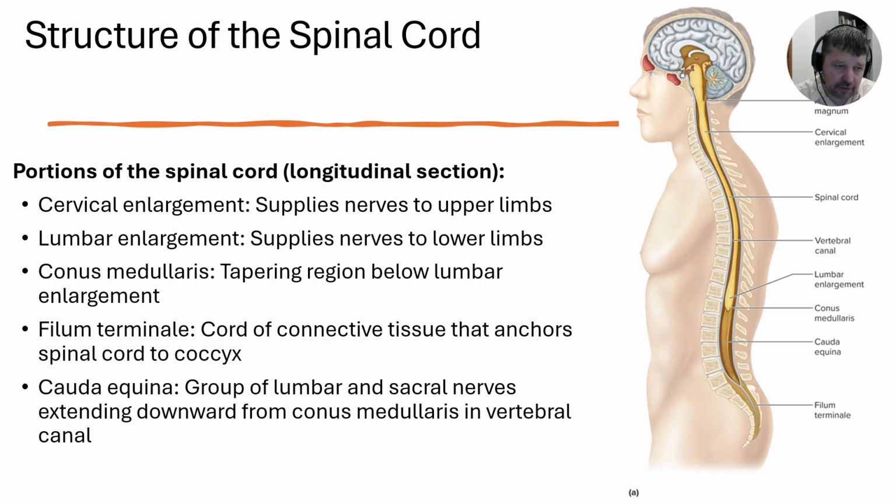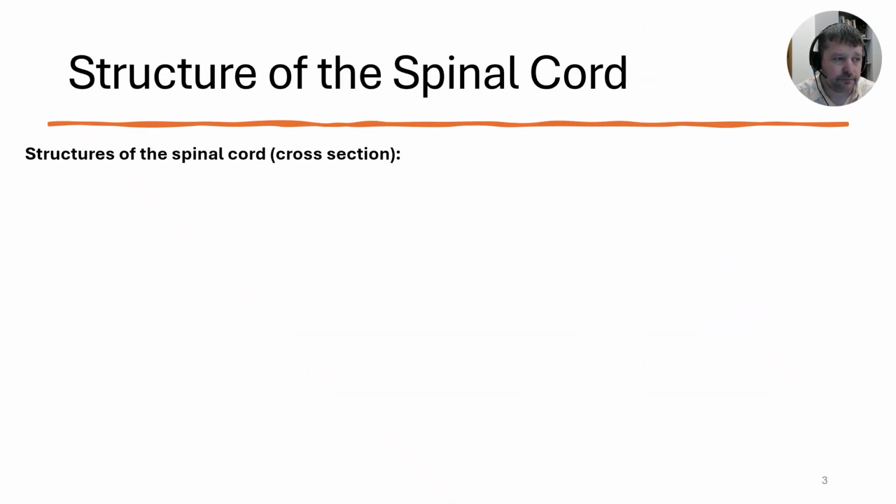The filum terminale is connective tissue that holds the spinal cord in place to the coccyx, basically. So as the spine rotates and moves, the spinal cord is held in place. It's anchored to the coccyx. We'll come back and talk about spinal injuries and how that works in lectures to come.